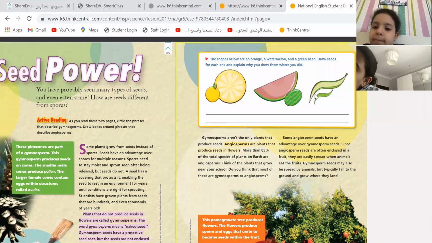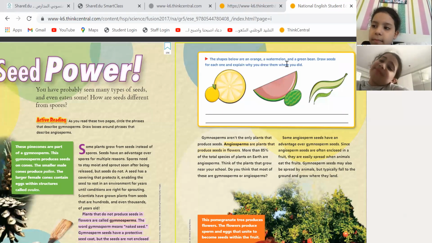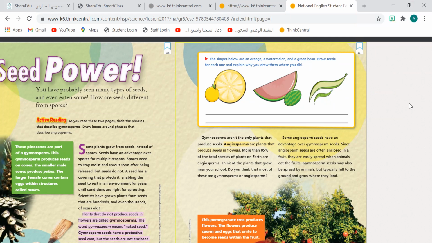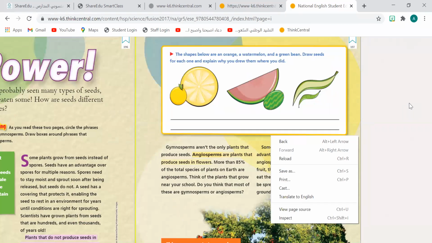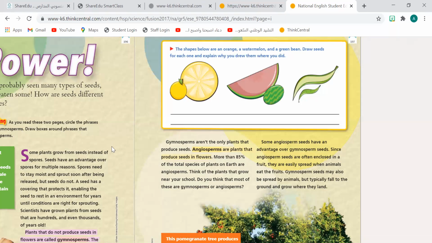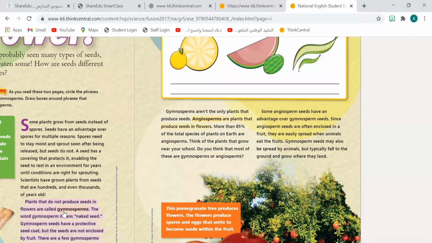Shapes below are an orange, a watermelon, and a green bean. Draw seeds for each one and explain why you drew them where you did. Why did you draw them inside and not outside? Are they gymnosperms or angiosperms?